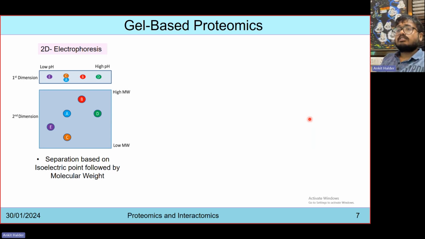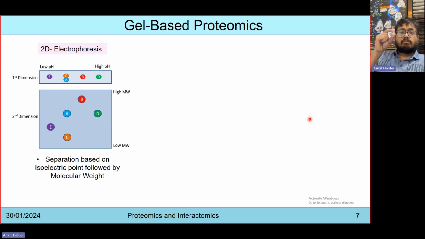So this was a simple concept. In SDS PAGE, the separation is done only on the basis of molecular weight. Now it is very general to understand that many proteins in an organism will have the same molecular weight. If you try to separate on the basis of molecular weight alone, it becomes very difficult.